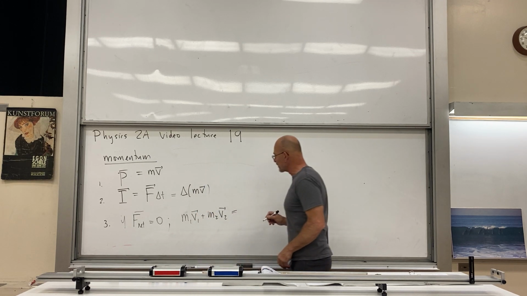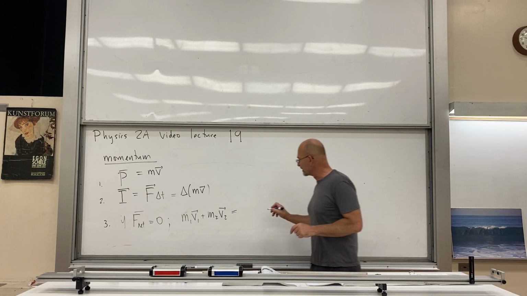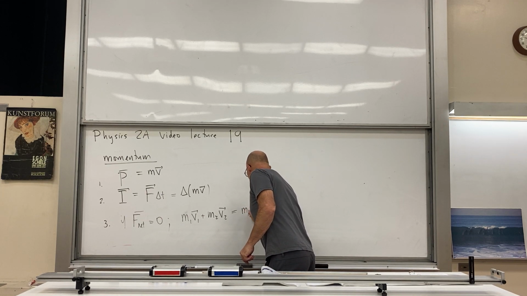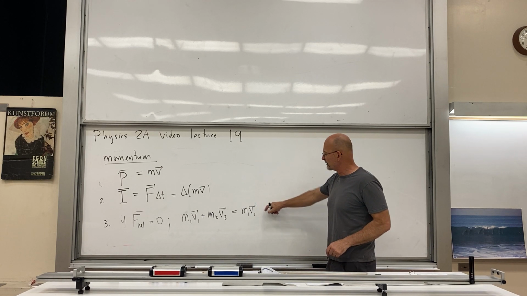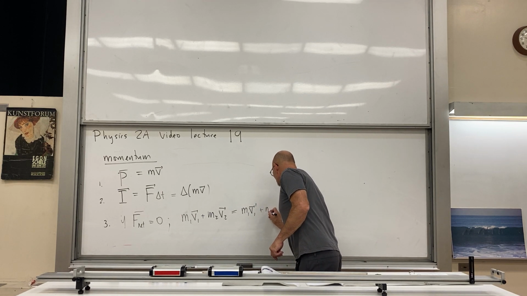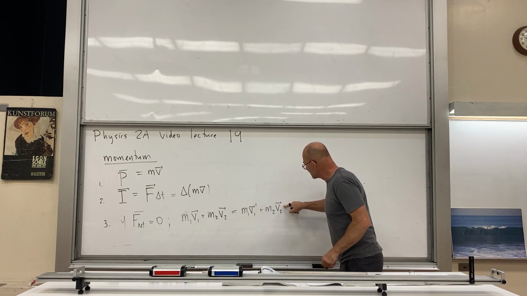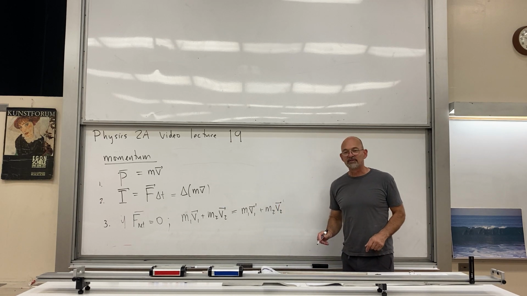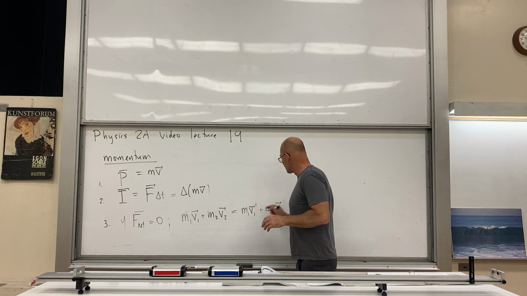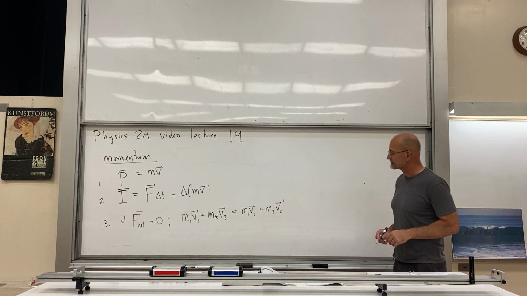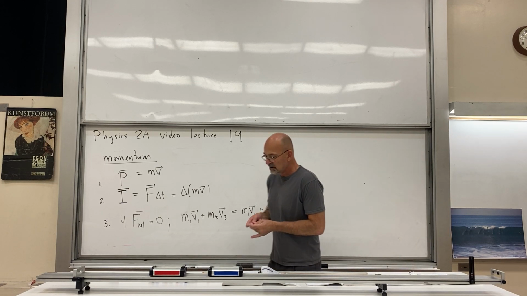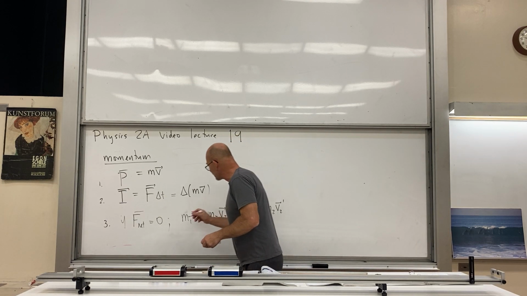So that's the sum of the two linear momenta before the collision is equal to M1 V1 prime, where prime just means after, plus M2 V2 prime. Your book will use initial and final. I'm just putting an unprimed and a primed. Saves us a little bit of writing.